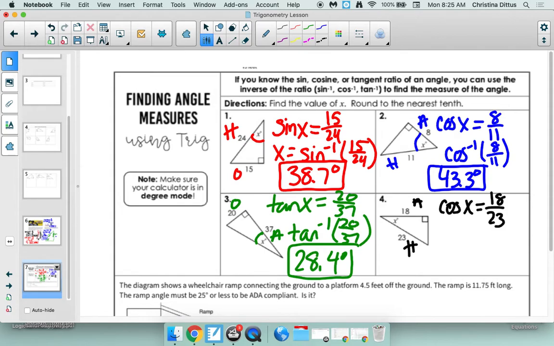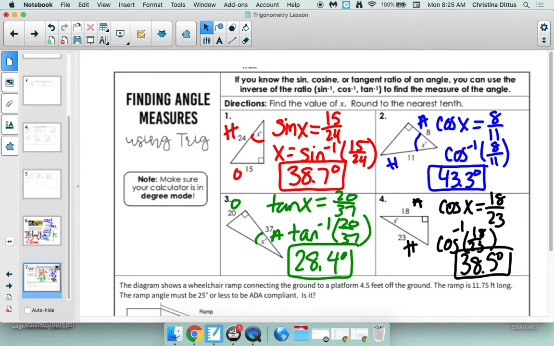The inverse cosine. 38.5 indeed. Just for funsies, take the regular cosine, not your inverse, so do it wrong. Take the cosine of 18 over 23. What does it tell you? 0.9999. Do you think we've ever had an angle of 0.9 or 1? So some reasoning goes along with it.